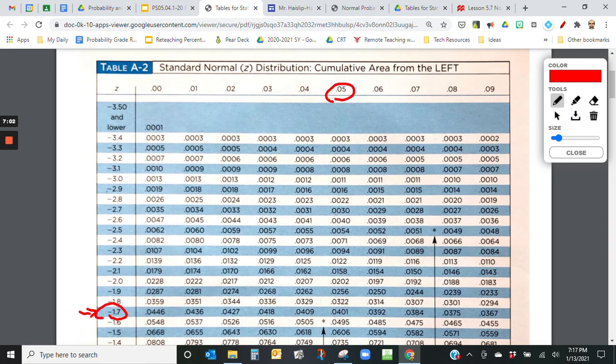So that put together gives me negative 1.75. So this is the first decimal place over here, and then the column is the second decimal place. So if I go across, and I come down, and I match those up, the area that falls, that picture that we were just talking about, is 0.0401. That's the answer. For a z-score of negative 1.75, the area below that, all the way forever, is 0.0401.